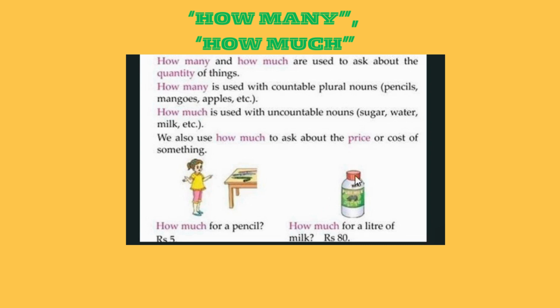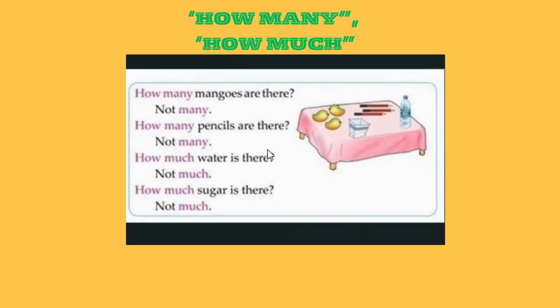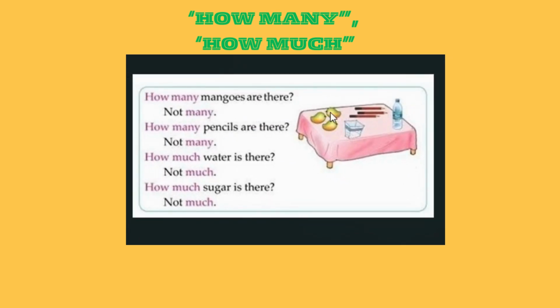I hope you understand these two, how many and how much, and how to use them in a sentence. Like here, how many mangoes are there? Here we can see 3 mangoes, but we say not many.